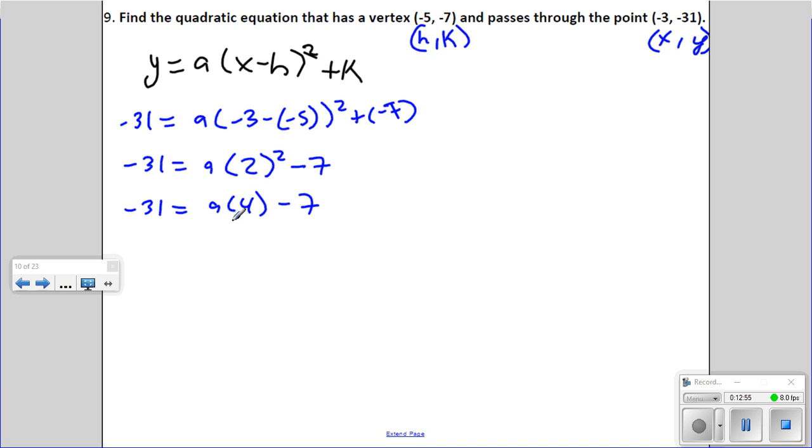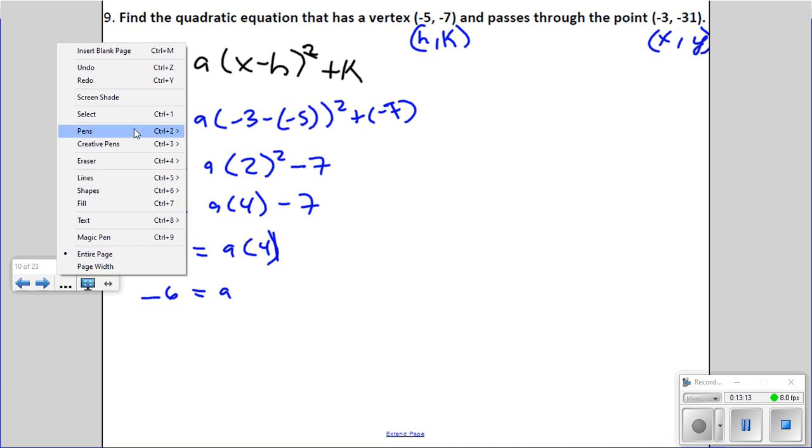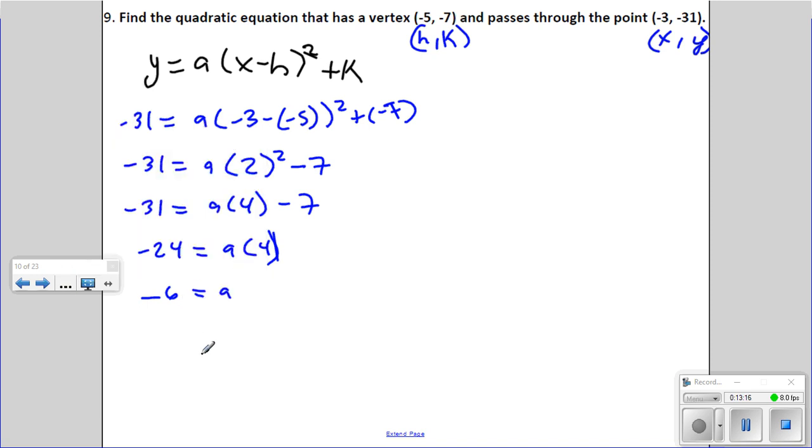I'm solving for a, so I need to add 7 next to negative 31 in itself, which gives me negative 24 is equal to a times 4. And then divide both sides by 4, so negative 6 is equal to a. Now that I have the value of a, I can write my equation. So y is equal to negative 6, parentheses, x plus 5.